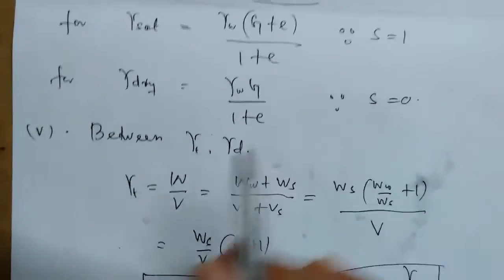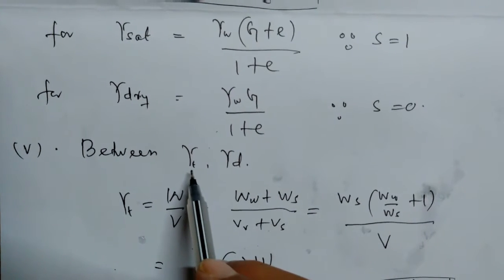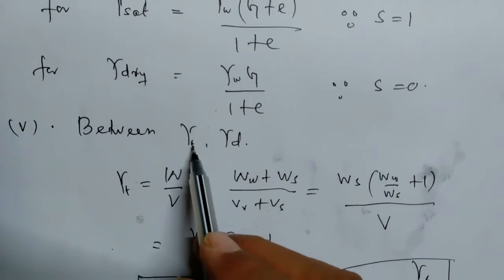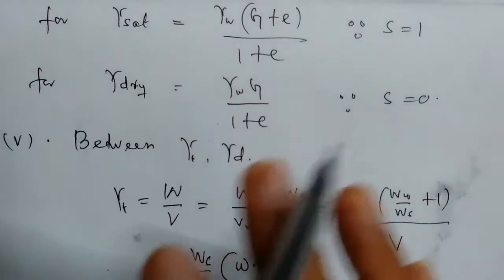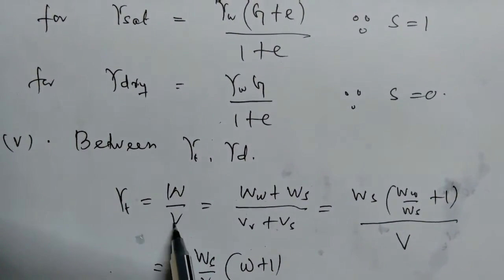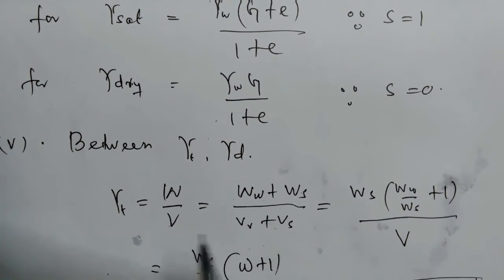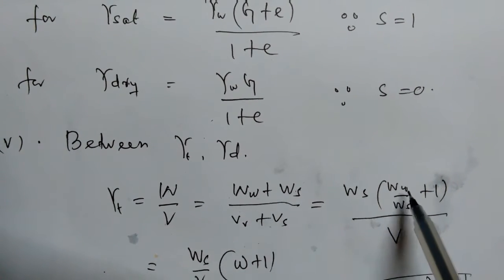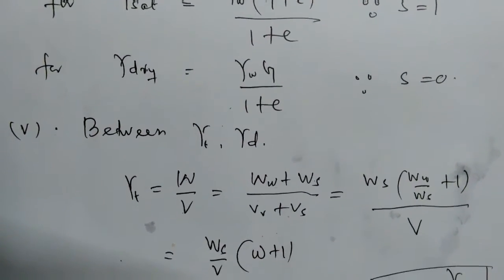One more relation is between total unit weight or bulk unit weight and dry unit weight. See, gamma T means total unit weight. It is also called bulk unit weight. Bulk means total. So beginning with gamma T, which is W by V, W is broken as Ww plus Ws and V is written as Vv plus Vs. Now taking Ws common, Ww by Ws plus 1, let V remain.